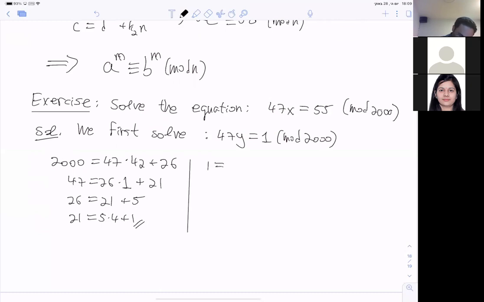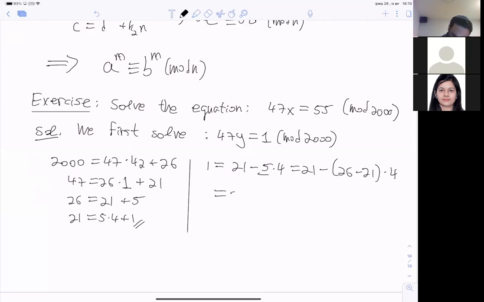Okay, so 1 is, so you have 5 here. Instead of 5, I'm writing 5.